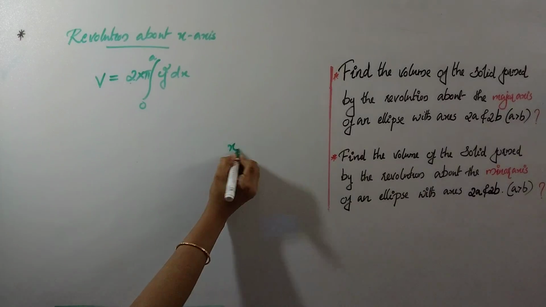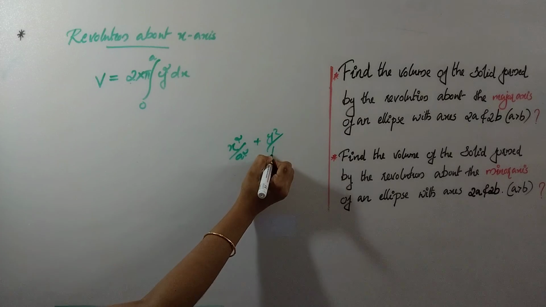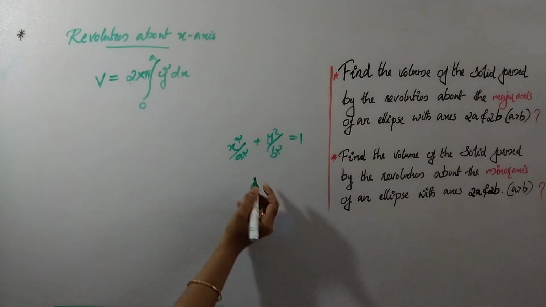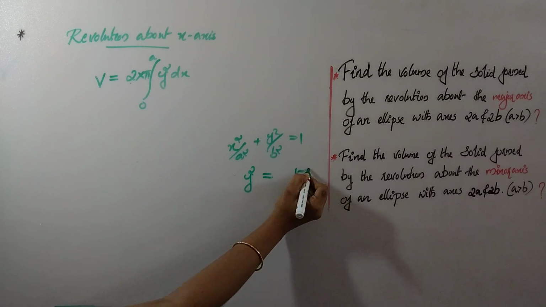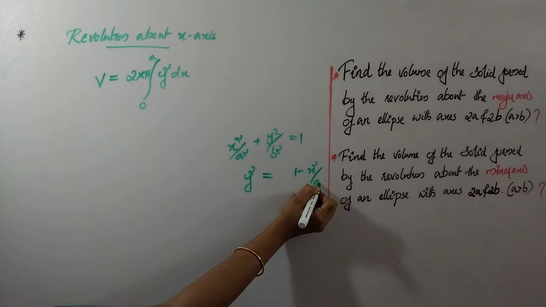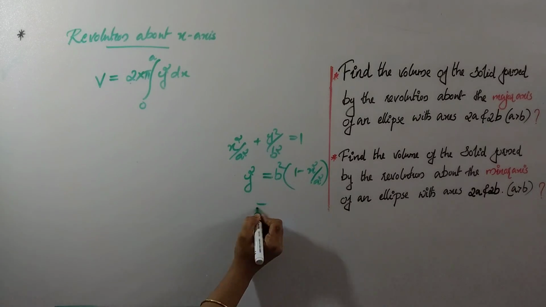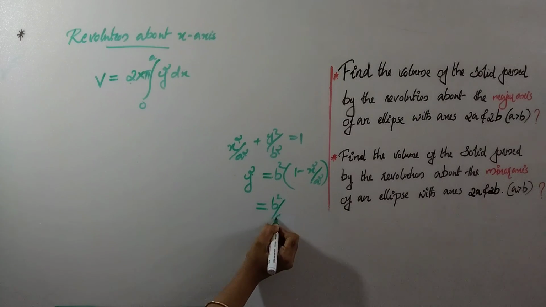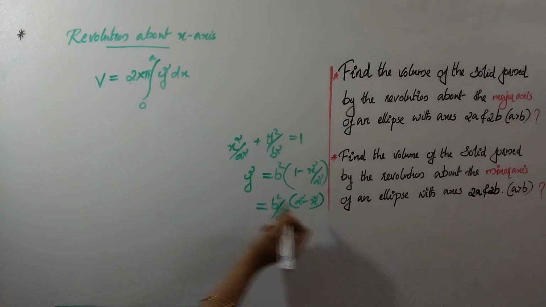Here the equation of ellipse is x square divided by a square plus y square divided by b square is equal to 1. Then y square is equal to 1 minus x square divided by a square into b square, is equal to b square divided by a square into a square minus x square.